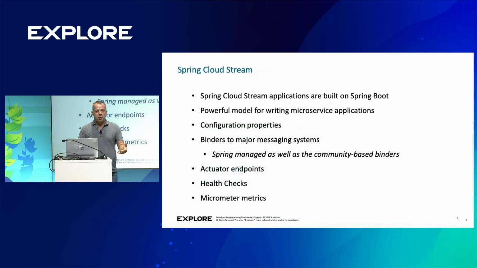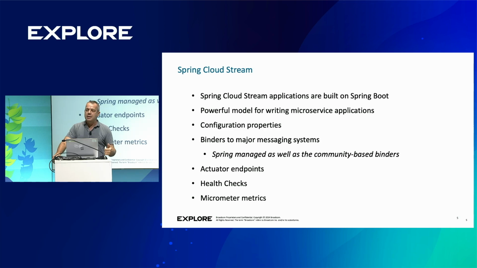In terms of some of the architectural concepts, it is Spring Boot based, just like pretty much everything right now in Spring sits on top of Spring Boot. So it provides you a powerful model for writing this type of microservices. We're going to touch on this in a few minutes. It provides a variety of configuration properties, which we'll touch on as well. Binders for major messaging systems, like Kafka and RabbitMQ, and a lot of community binders.